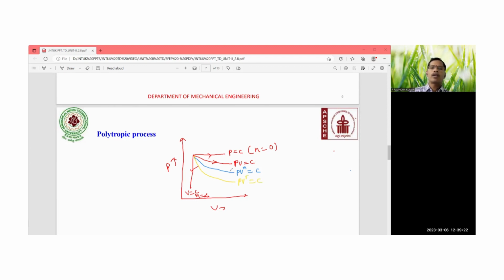Now observe all the area involvement in a PV plane for the different processes. What about the area for this one? That means, what about the work you are going to get for a closed system? For a closed system, you should not forget about this pattern. For an open system, how to draw it is already shown there, right? And this is for a closed system.